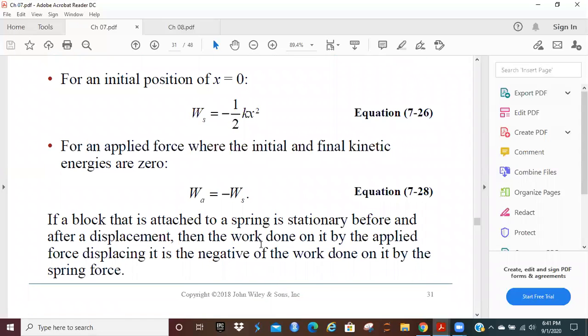So if a block that is attached to a spring is stationary before and after displacement, then the work done on it by the applied force displacing it is the negative of the work done by the spring force. In other words, the spring work is going to cancel out any work that's done to accelerate that block.